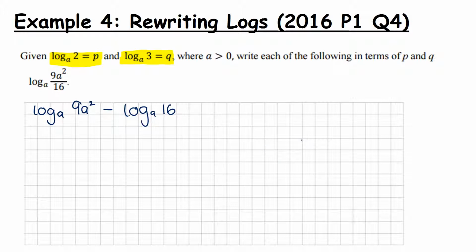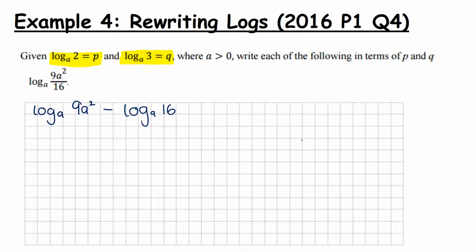Now, neither of those are quite what we're looking for. However, you might notice that we have log to base a of 16. Now, 16 can be written as 2 to the power of something. Okay, so we are going to have to deal with that. You might also notice that we have 9a squared. So 9a squared means 9 multiplied by a squared.